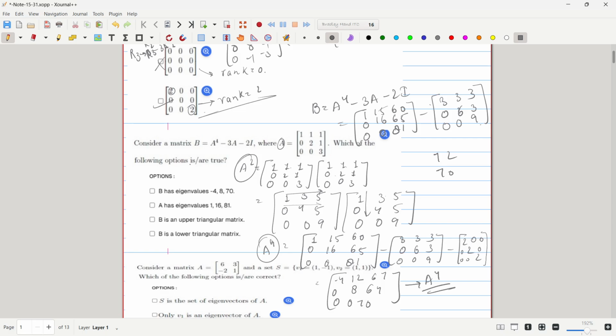Then we have to find eigenvalues of A and B. B is the whole expression. This is the B matrix.